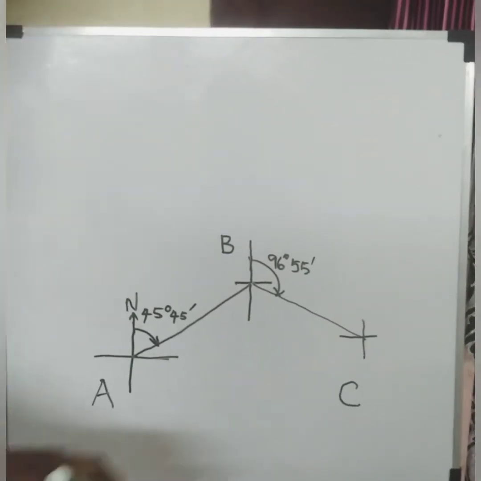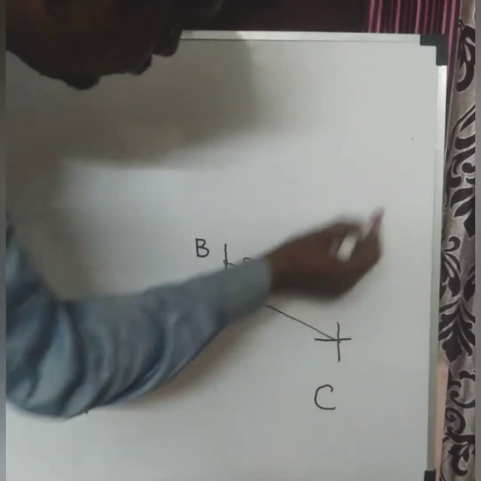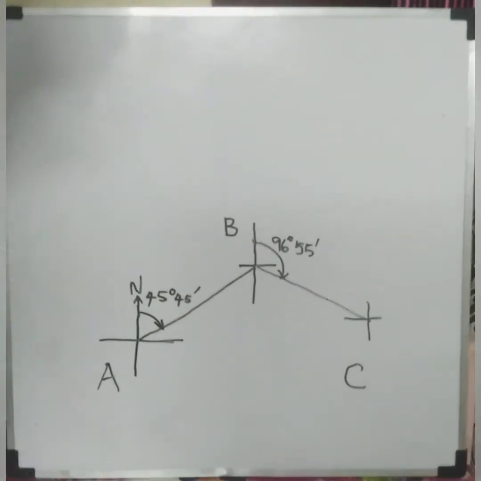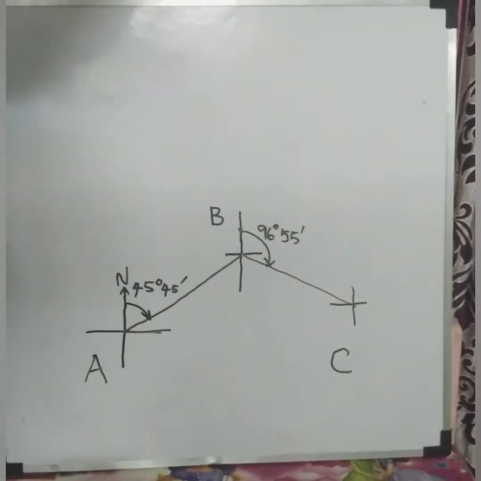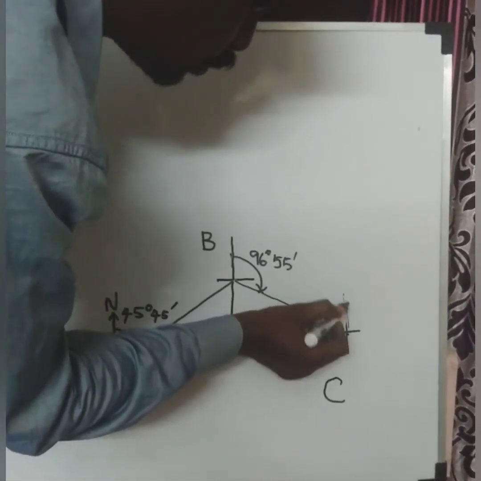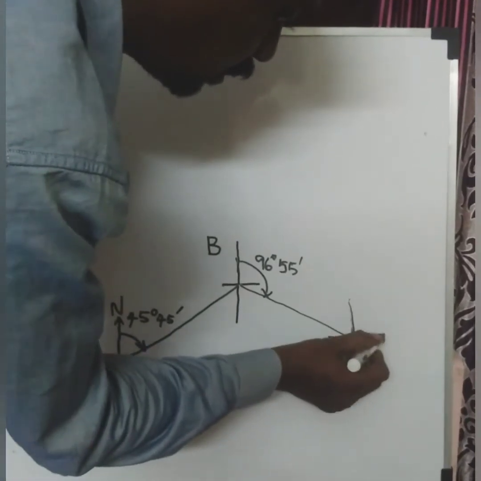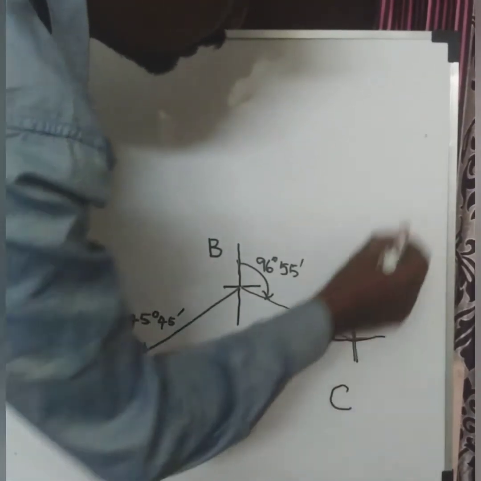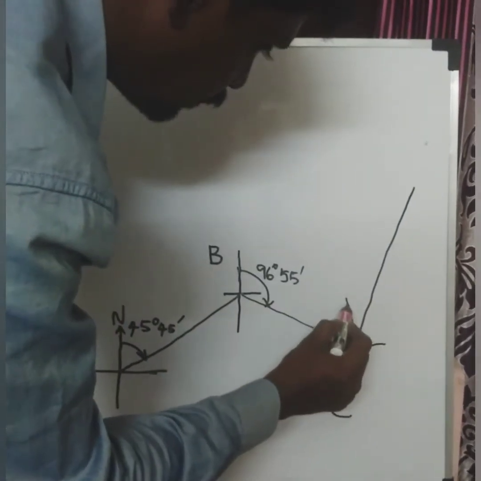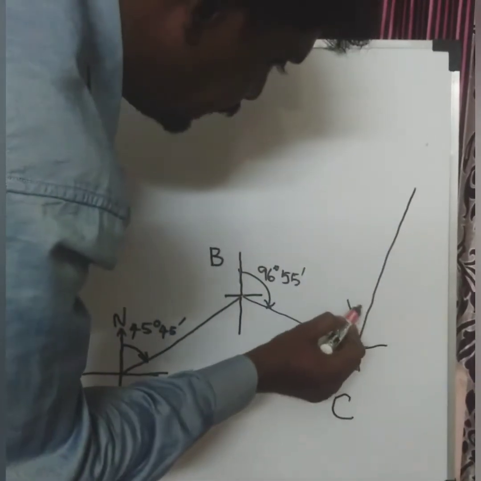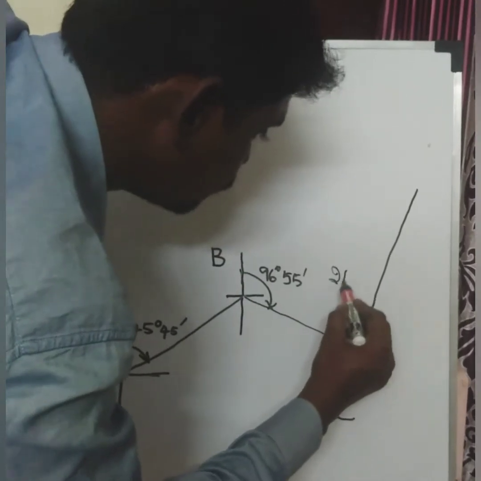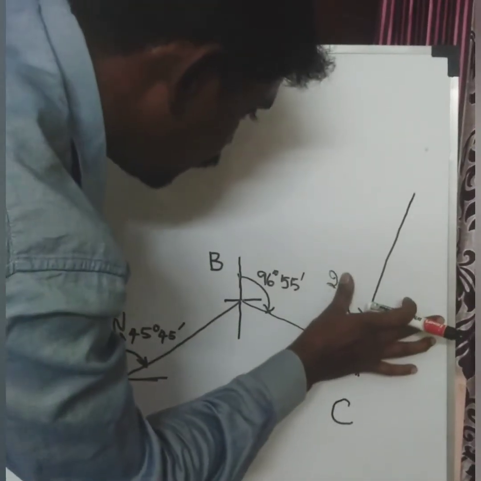So here also the point D is extended from C with the bearing of 29 degrees 45 minutes. 29 degrees also lies in the first quadrant only, so I can draw a line in the first quadrant towards D. The observed fore bearing is 29 degrees 45 minutes.